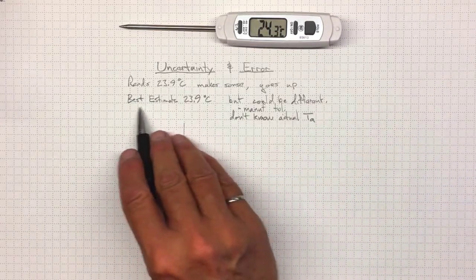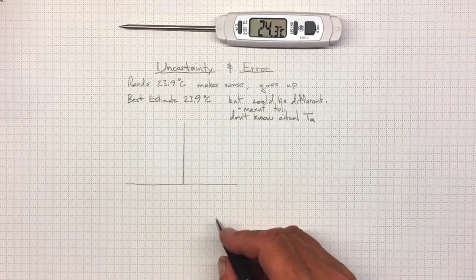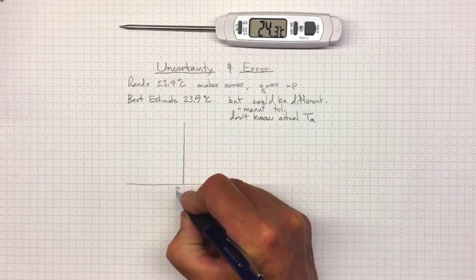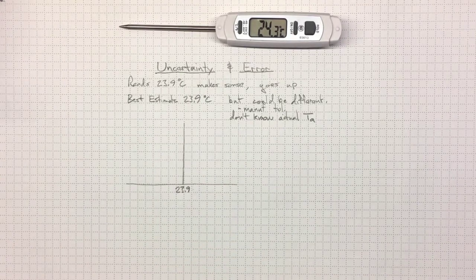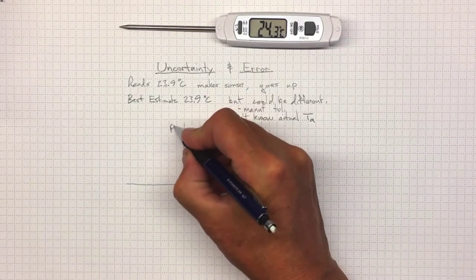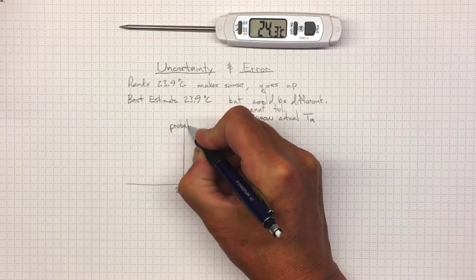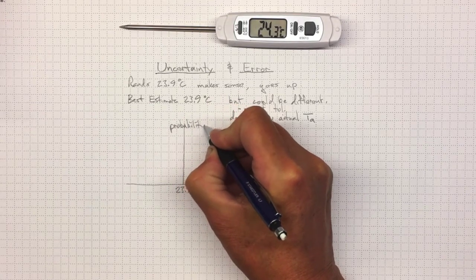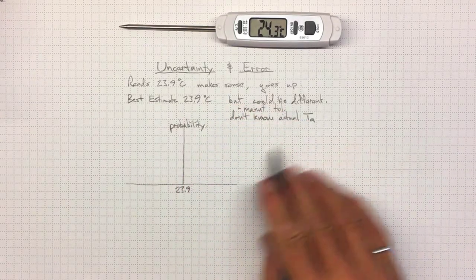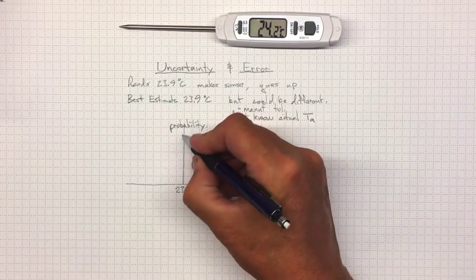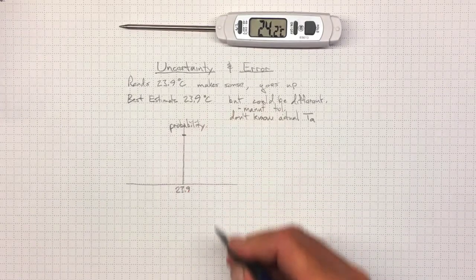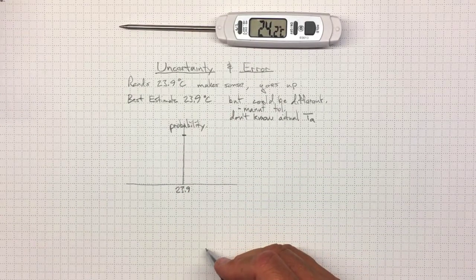So all we can do is make our best estimate, and right now our best estimate is 23.9 degrees. And there's a pretty high probability that that actual temperature is really close to 23.9. So let's say the probability level around 23.9 is there.